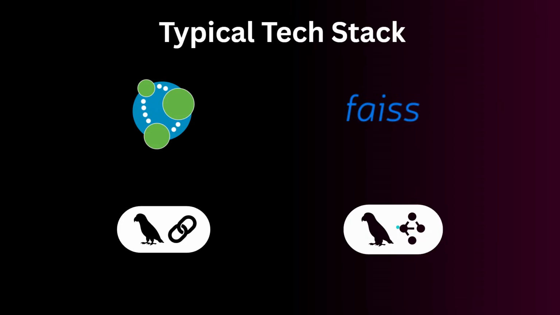We will now talk about the tools that make GraphRAG possible. At the core, we have a graph database, for example, Neo4j, which stores entities and relationships, allowing structured traversal. We still rely on a vector database like FAISS or Chroma to perform semantic similarity searches and fetch the most relevant text chunks.